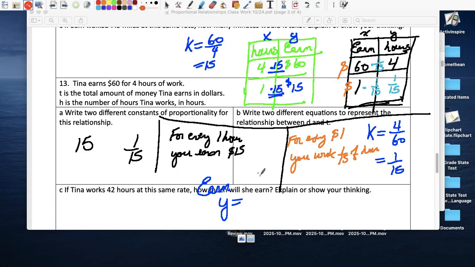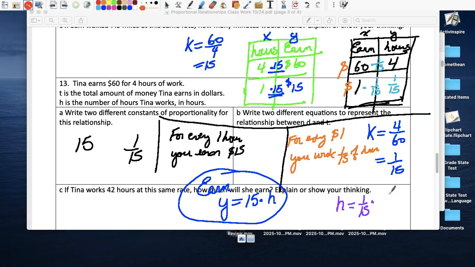Well, I'm going to multiply 15 times the number of hours that I work, which you can put as h or x. So this is the first table. The second table says to find the total number of hours that I'm going to work, I'm going to multiply 1 over 15 times however much money I make.